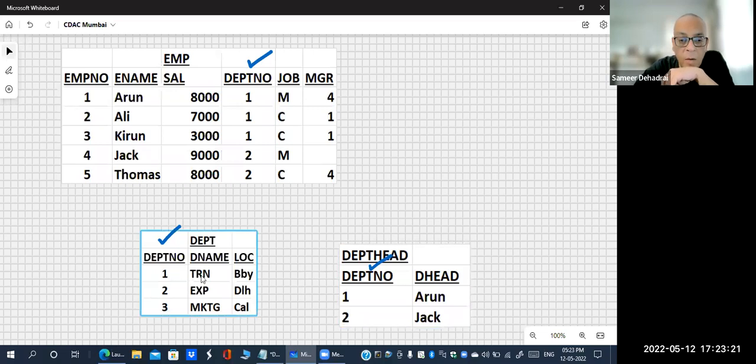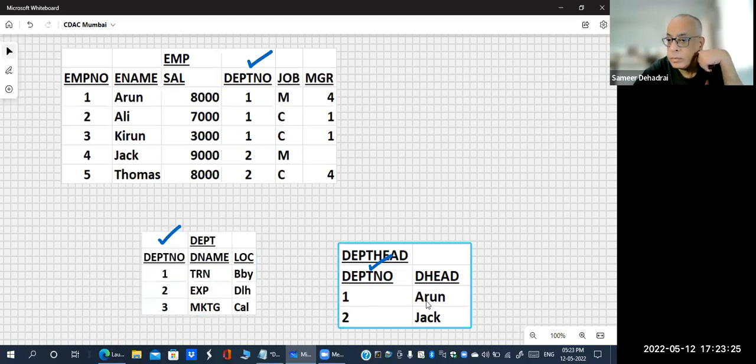For department number 1 training, the D head is Arun. For department number 2 exports, the D head is Jack. For department number 3 marketing, there is no D head.